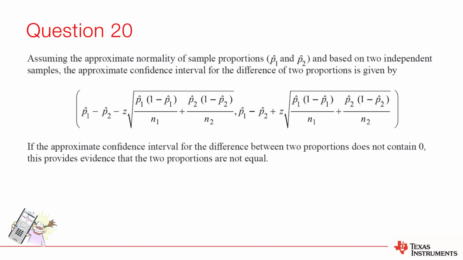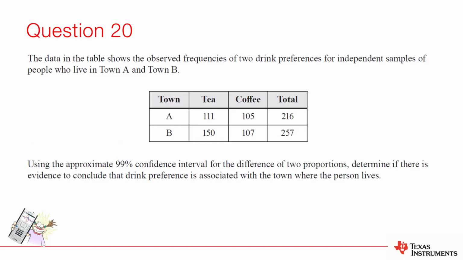The data in the table provides observed frequencies of two drink preferences for independent samples for people who live in town A and town B. Using the 99% confidence interval, find if there is evidence to conclude that the drink preference is associated with the town where the person lives.